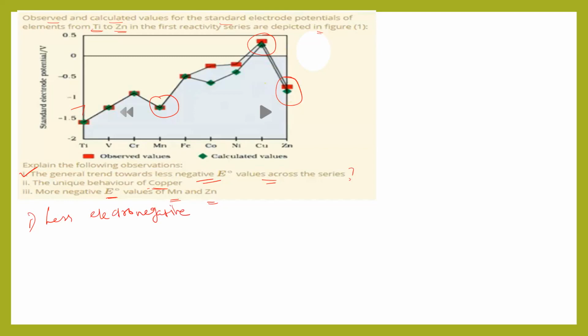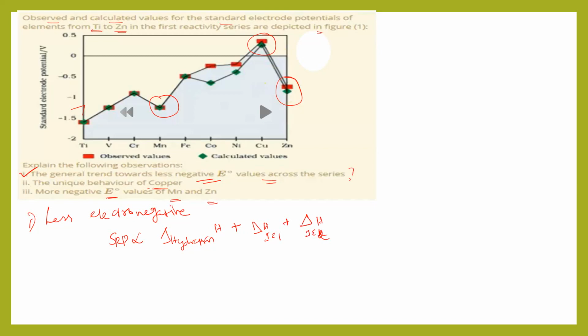The standard reduction potential value, or the standard electrode potential value, is directly proportional to the enthalpy of hydration plus ionization 1 and ionization 2, IE2.